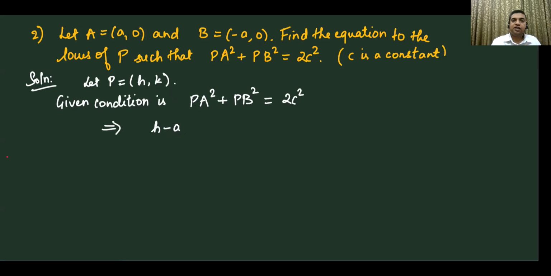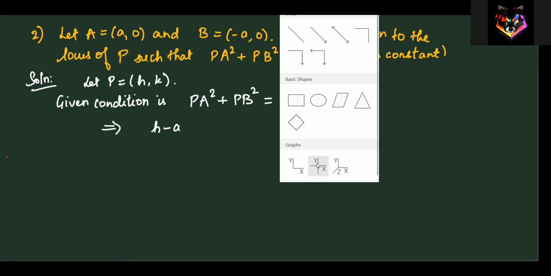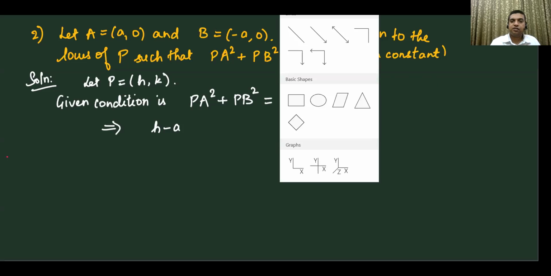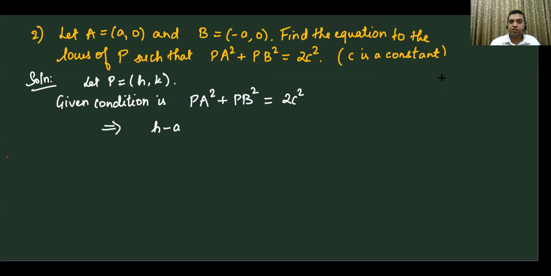See, say A is this point, a comma 0, and this is minus a, minus a comma 0.